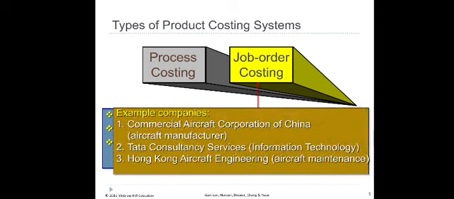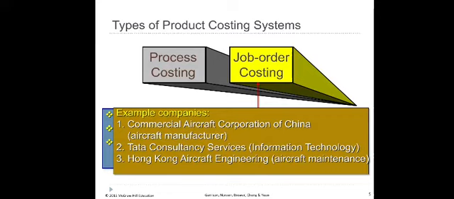Okay, the examples of companies that use job costing system to calculate cost per unit of its product. The first one is Commercial Aircraft Corporation of China, the aircraft manufacturer.